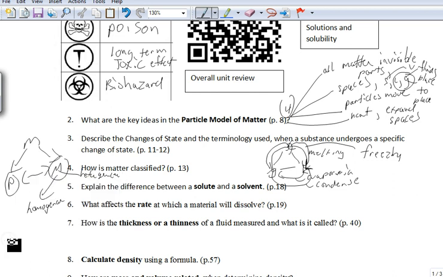In other words, homogeneous, another name for that is a solution, and heterogeneous, another name for that is a mechanical mixture.